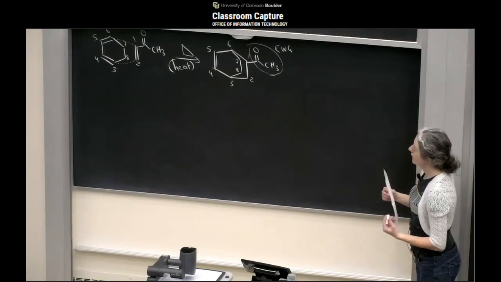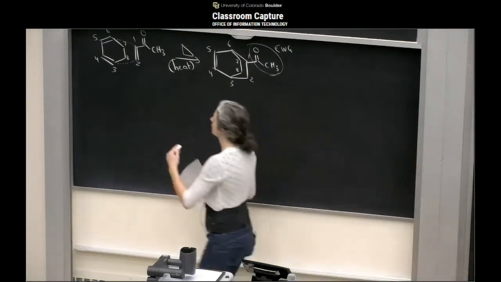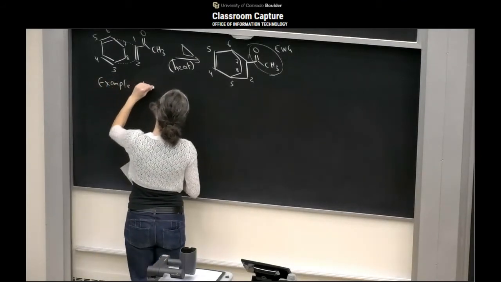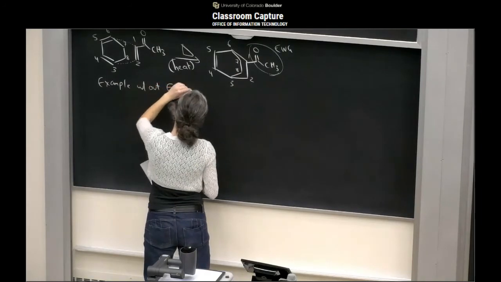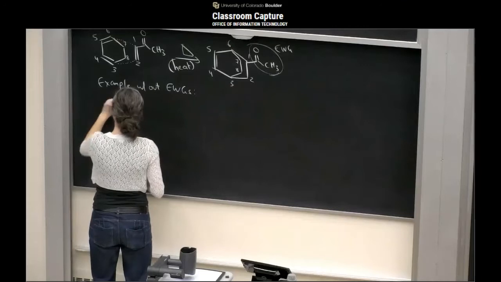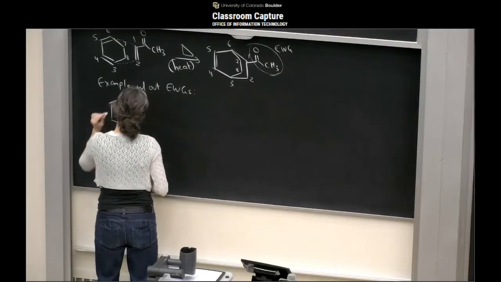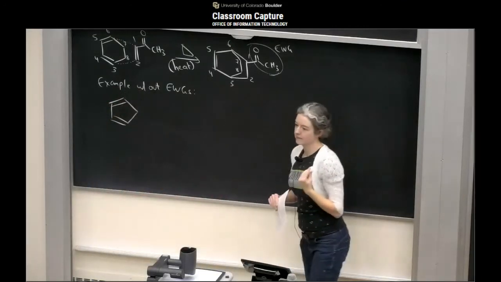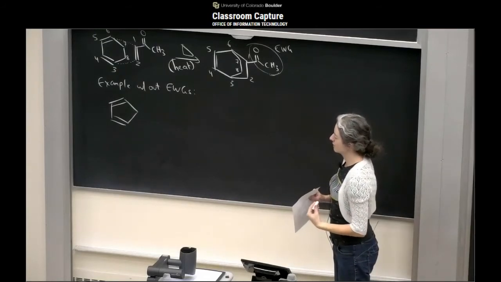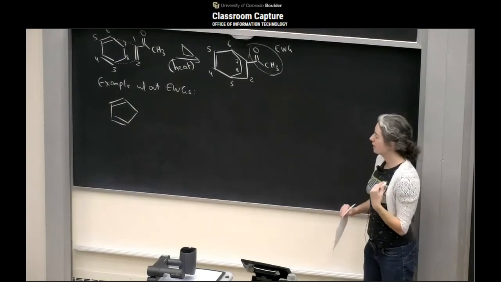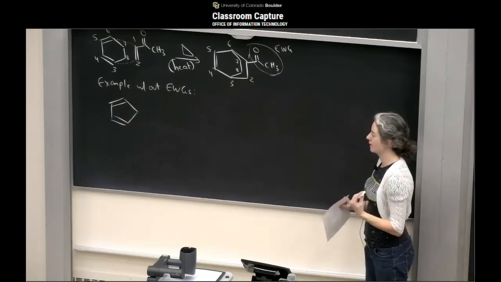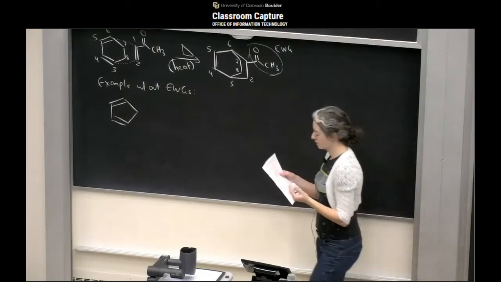So one really classic example of this is, here's a molecule called cyclopentadiene. If you wanted to be specific, it's 1,3-cyclopentadiene, but it turns out there's no other location the double bonds could be in cyclopentadiene and still have it exist.